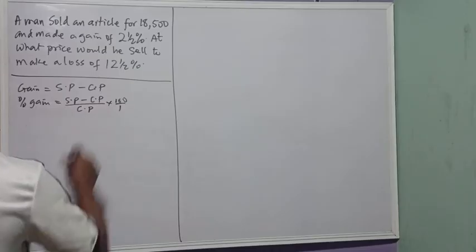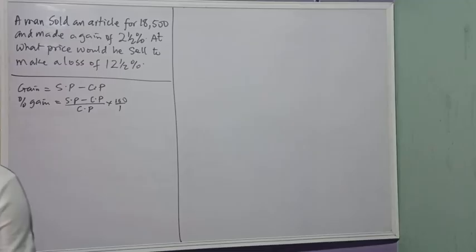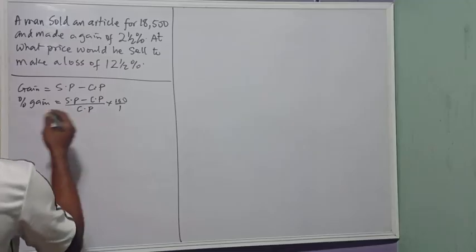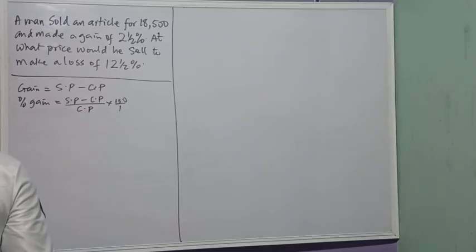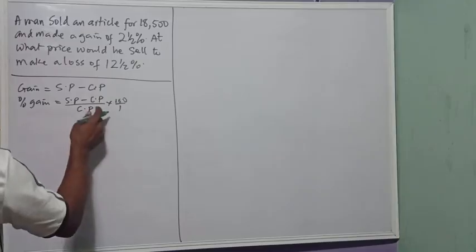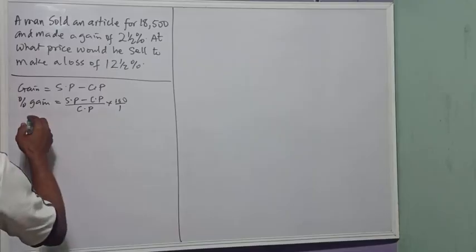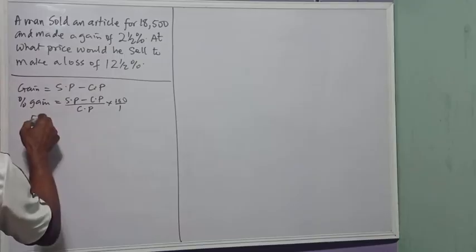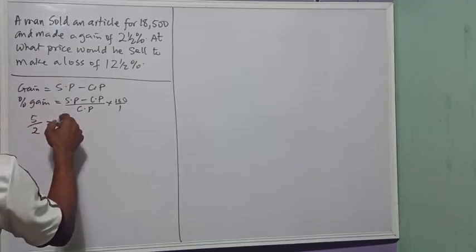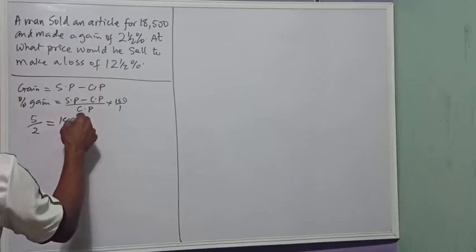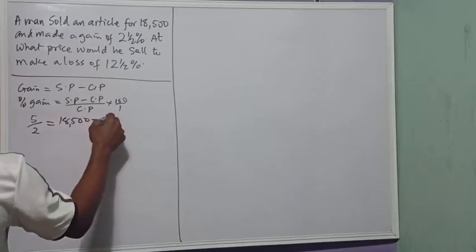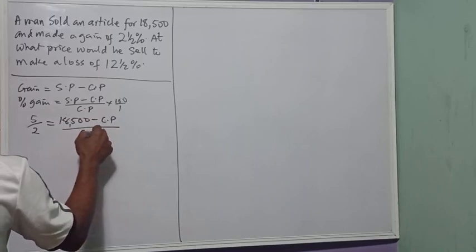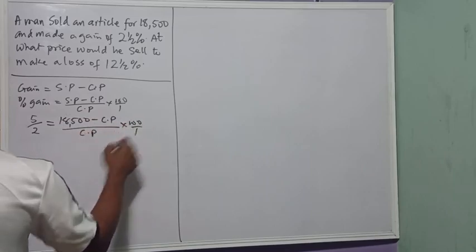And here we are told he sold an article for what? 18,500. So the selling price is 18,500. Okay, so the cost price would be percentage gain, which is 2.5, which is 5 over 2, equals 18,500 minus cost price all over cost price times 100 over 1.